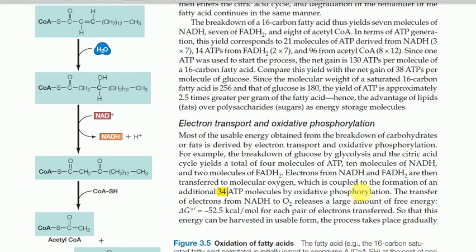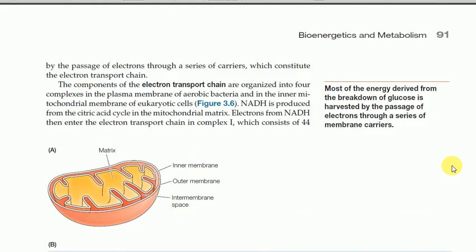And we can move to our next page. By the passage of electrons. So the process takes place gradually by the passage of electrons through a series of carriers which constitute the electron transport chain. The components of the electron transport chain are organized into 4 complexes. Now this is what I wanted you to know.